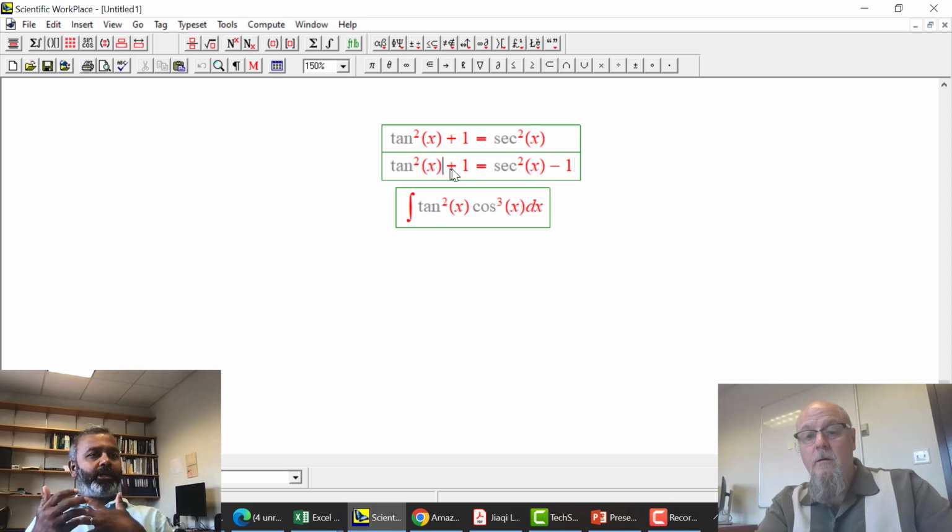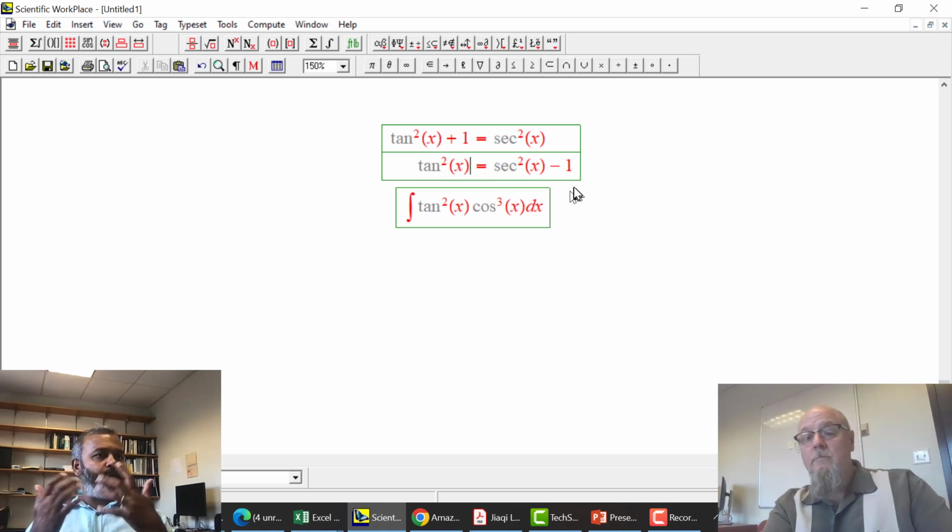Everything is in terms of sine and cosine, but I don't know whether that will work out in terms of all sine and then cosine or all cosine and then sine. Those are the two choices I can think of. Okay, so we have options.